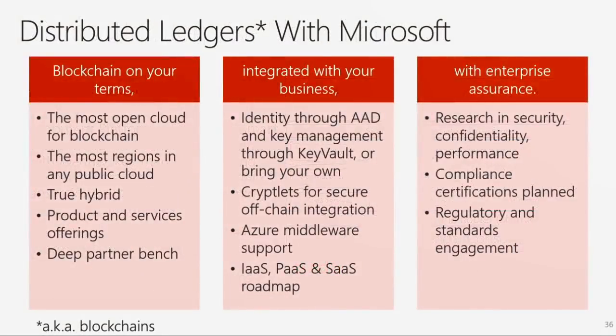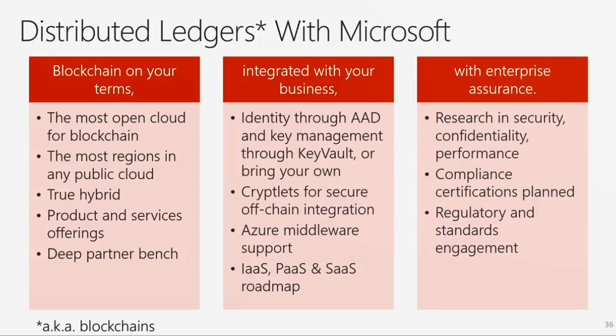So our goal is, again, to let you do blockchain on your terms. We're not dictating. We're an open platform, the open cloud. So use whatever blockchain you want, use the public cloud, use the private cloud, use nodes in your own data center. But be able to integrate and use existing infrastructure, Azure Active Directory, Key Vault, bring your own keys, HSMs on-prem.